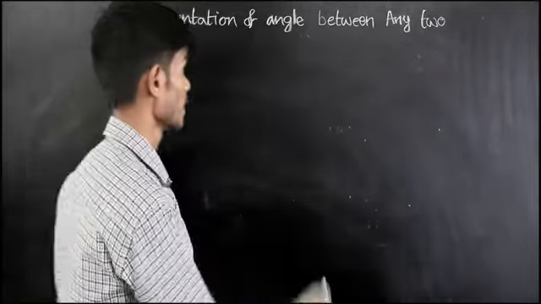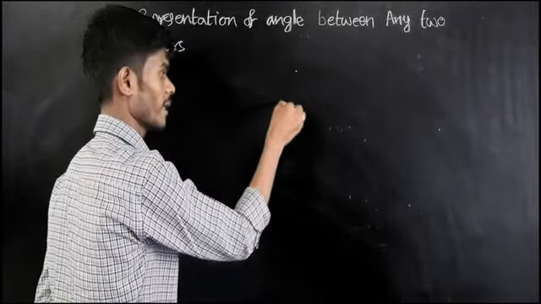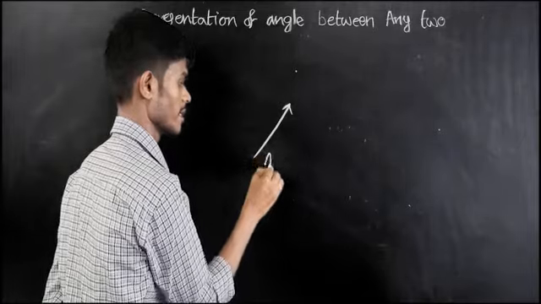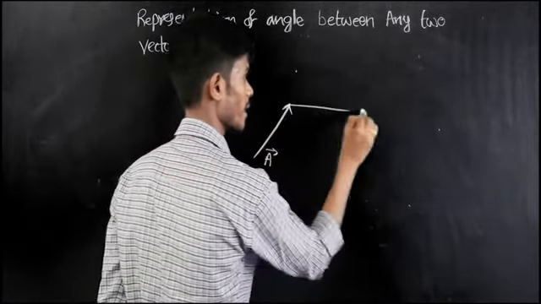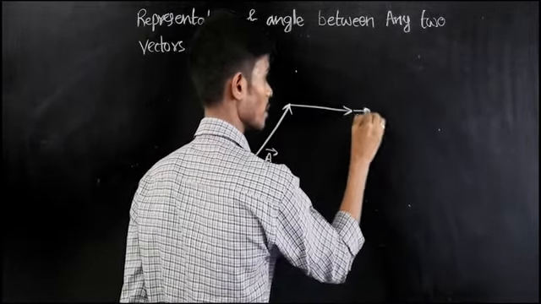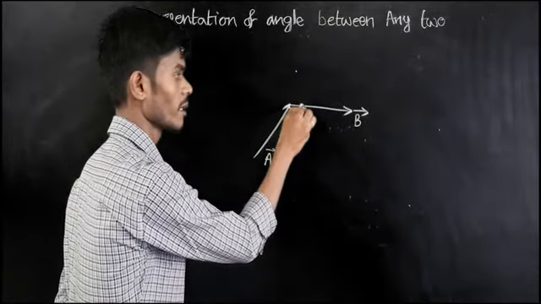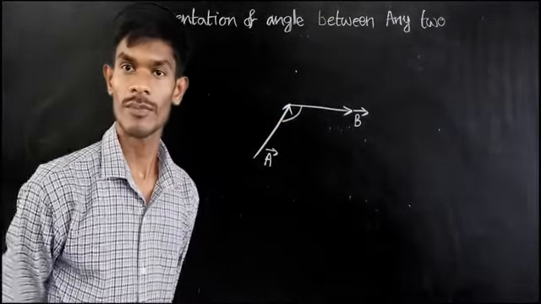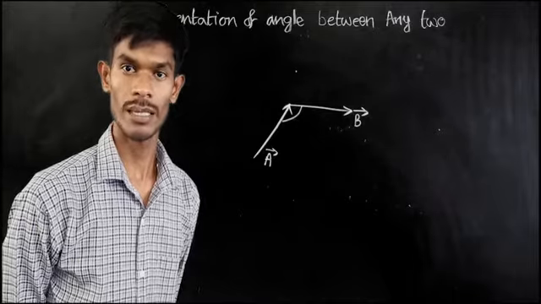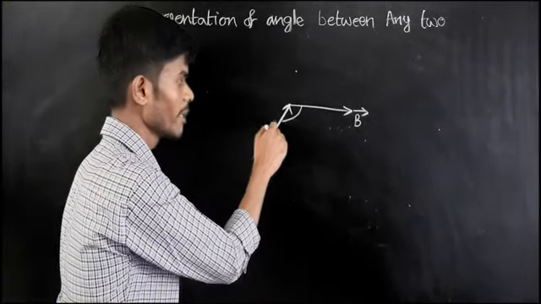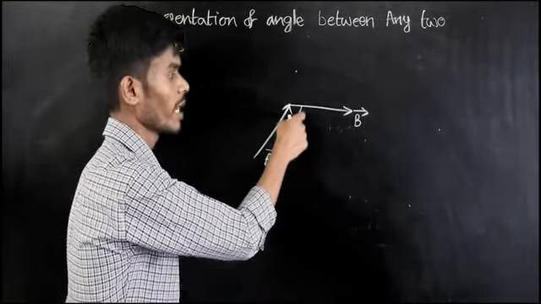Yes or no? Here, there is a vector a bar and another vector b bar. If you have a compass, can we measure this angle directly? Yes, we can measure. But the angle between these two, a bar and b bar, will not represent this one.